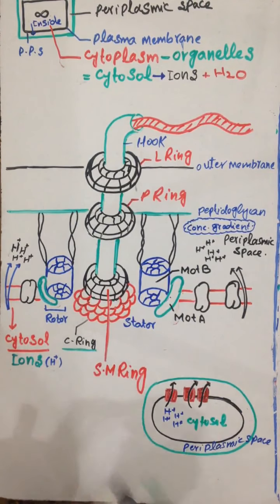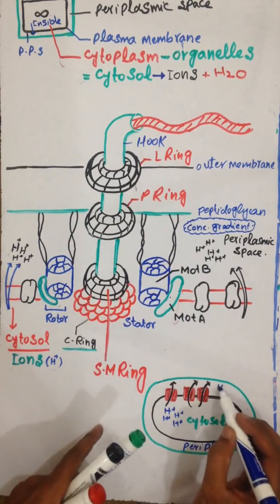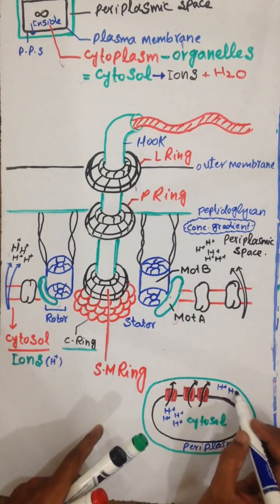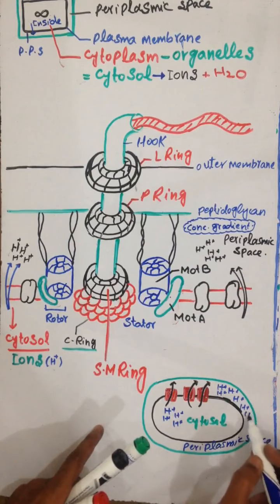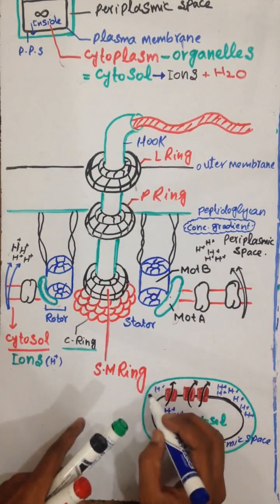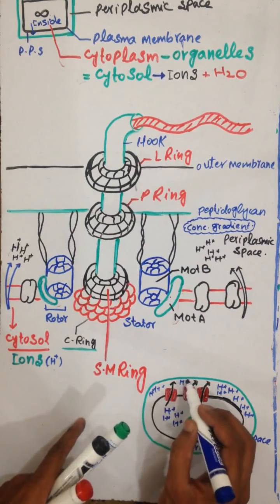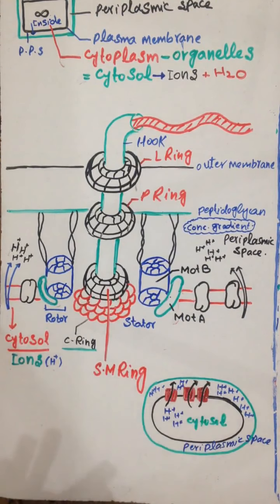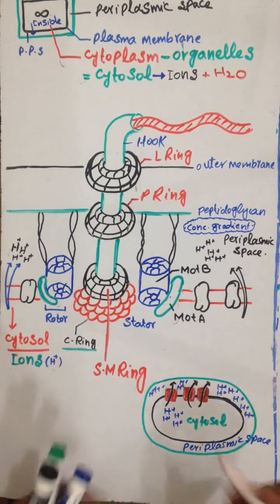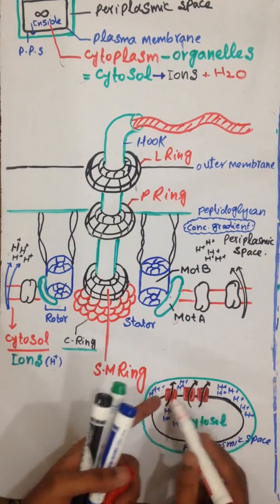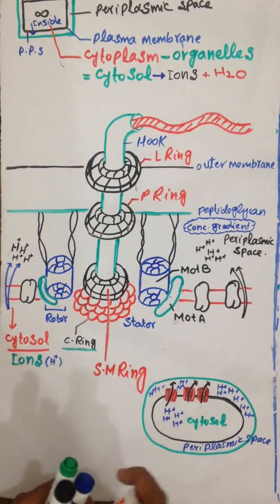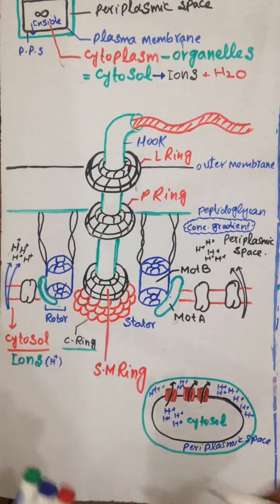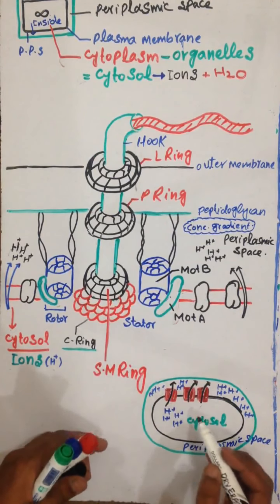So there will be a higher concentration of hydrogen ions, or protons, in the periplasmic space due to the continuous working of these pumps. This complex is something we will study in the metabolic or energy processes of bacteria.